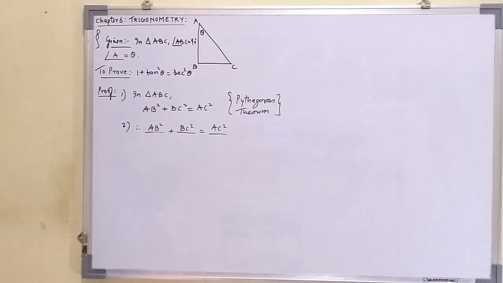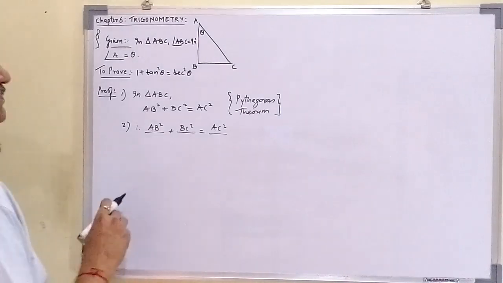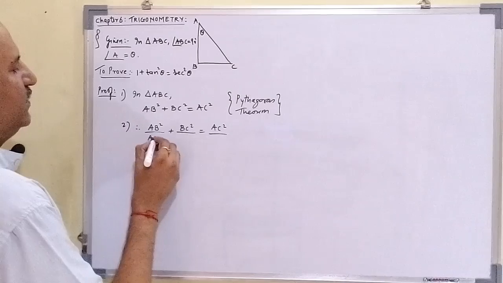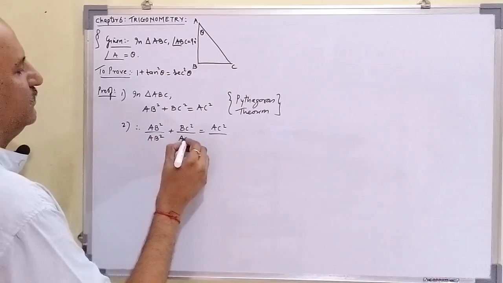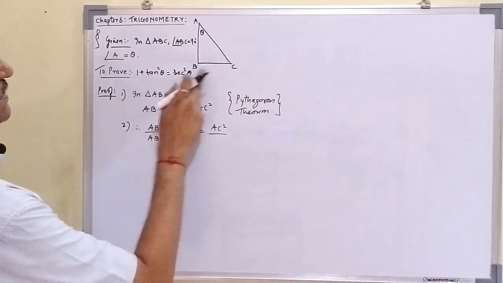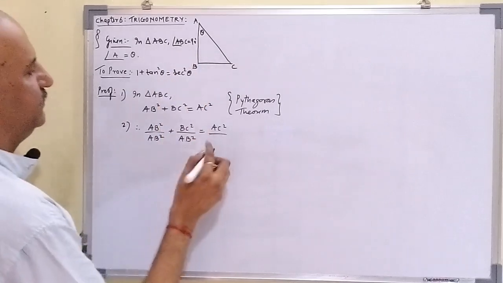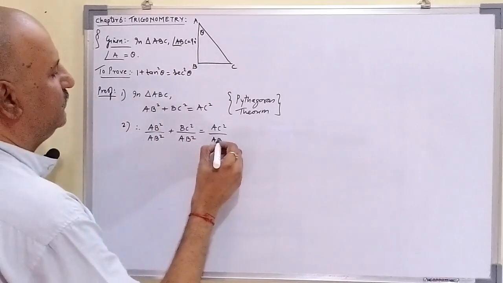AB square से divide करना पड़ेगा, because tan theta is opposite upon adjacent, BC upon AB.